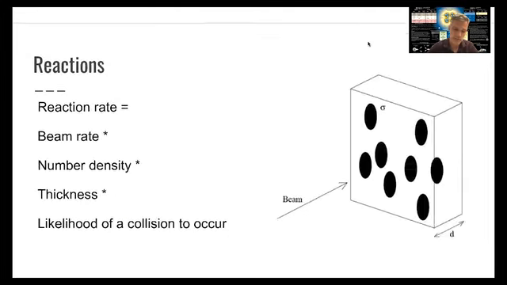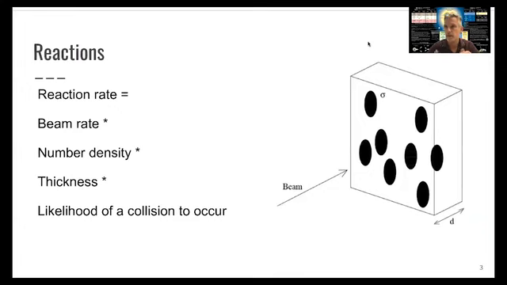And we can start doing this by looking at this simplified picture. The reaction rate is equal to the rate of the beam, so how many particles per second are available for the interactions, times the number density of the particles in a target. So you have your target here.